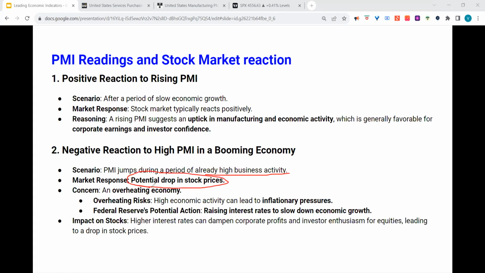Why? Because once the economy is already overheated, the potential for it to grow further at the same pace generally drops.